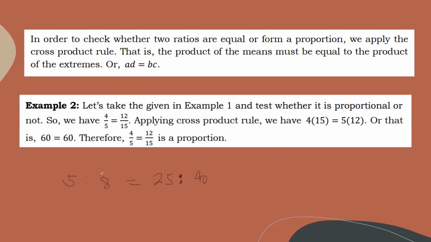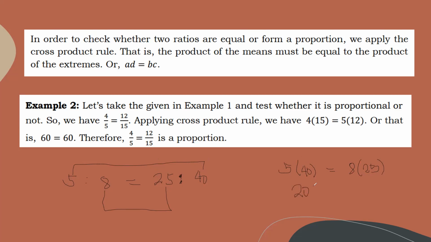Okay po, kapag colon notation, our extremes are 5 and 40 and our means are 8 and 25. So 5 times 40, what is 5 times 40? 200 po. Okay, dapat 5 times 40 should equal 8 times 25. Pag balance yan, ibig sabihin proportion sila.